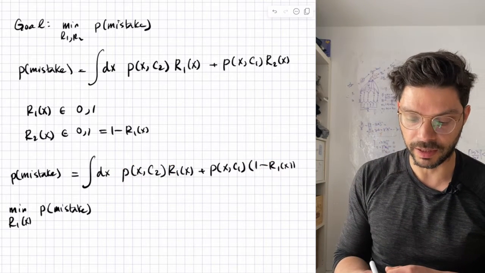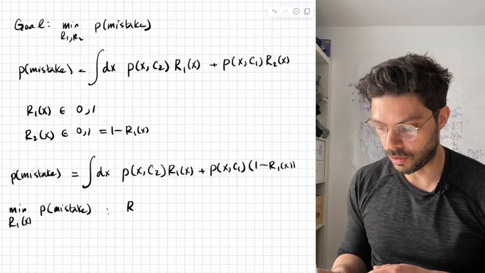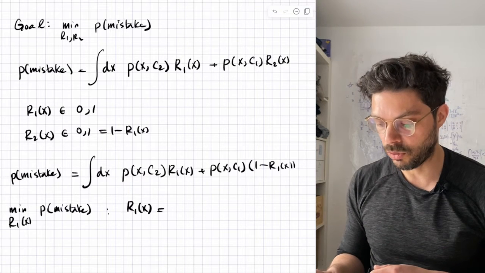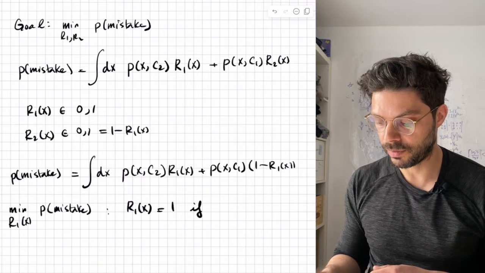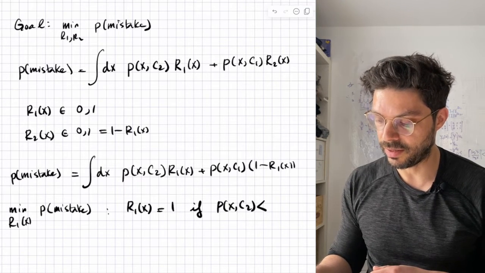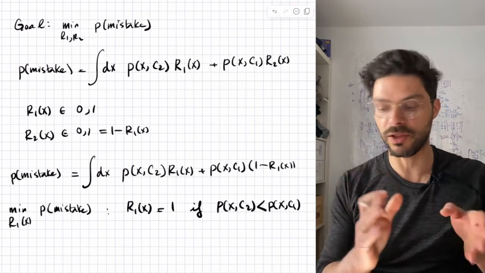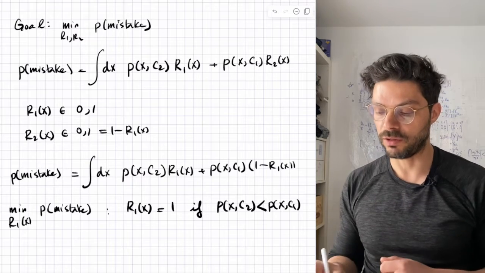So just from that kind of reasoning, we should pick R1 of x equal to 1 if P of x and C2 is less than P of x and C1. And that just comes directly from trying to minimize this sum.